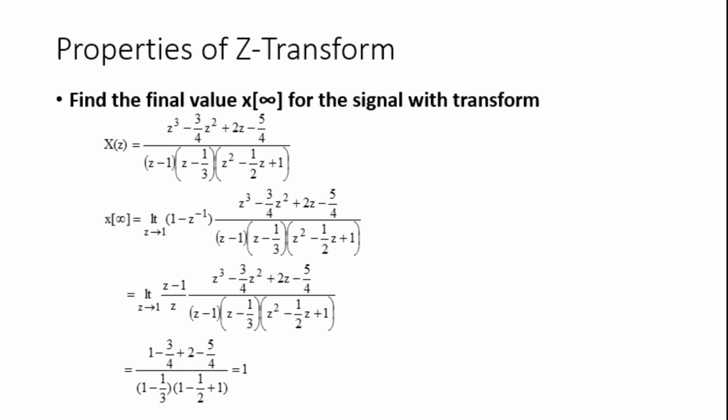z minus 1 divided by z into z cube minus 3 by 4 z square plus 2z minus 5 by 4 divided by z minus 1 into z minus 1 by 3 into z square minus 1 by 2 into z plus 1, which is equal to 1 minus 3 by 4 plus 2 minus 5 by 4 divided by 1 minus 1 by 3 into 1 minus half plus 1.